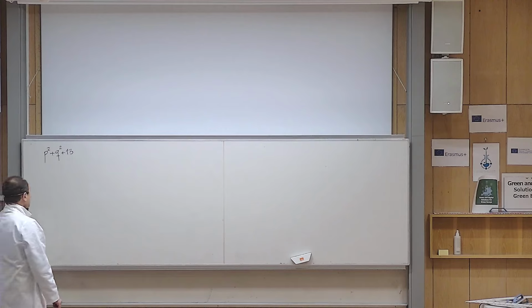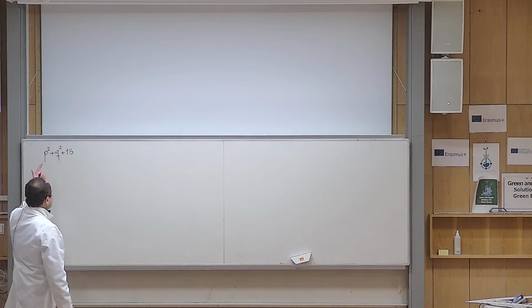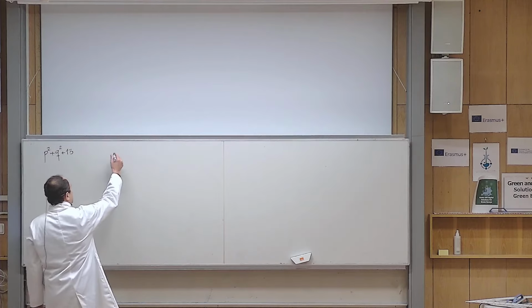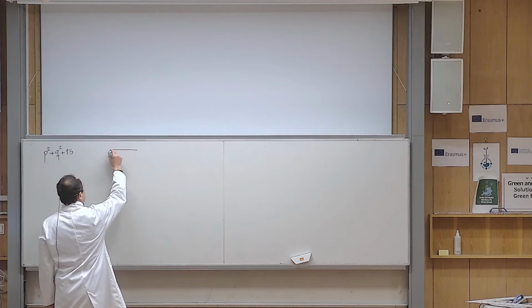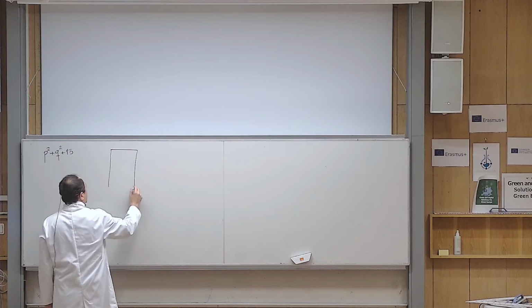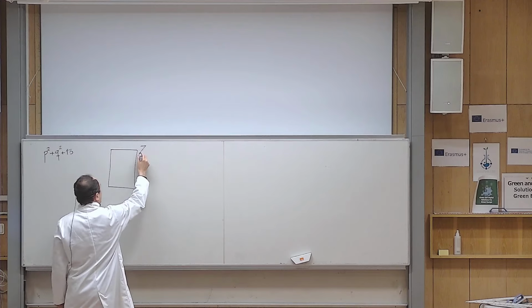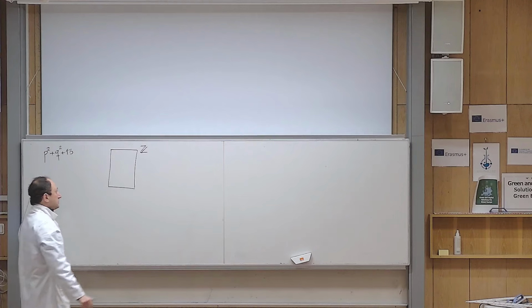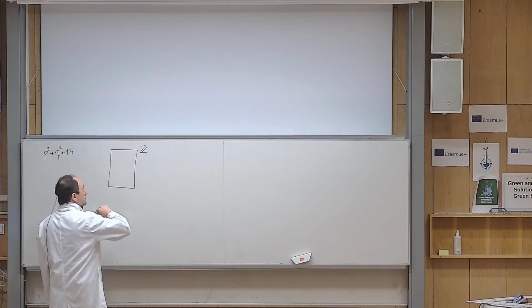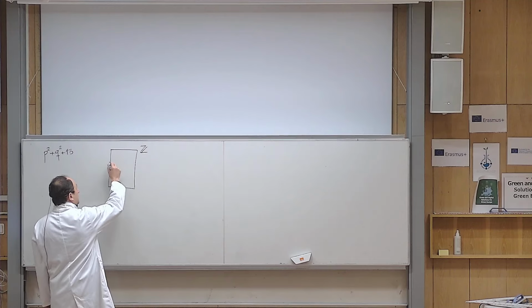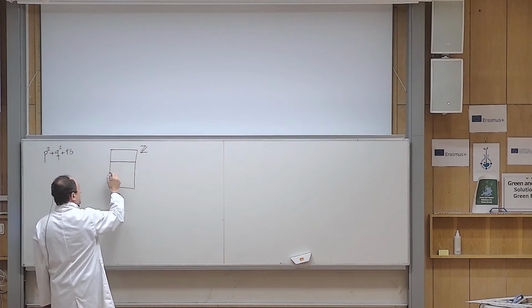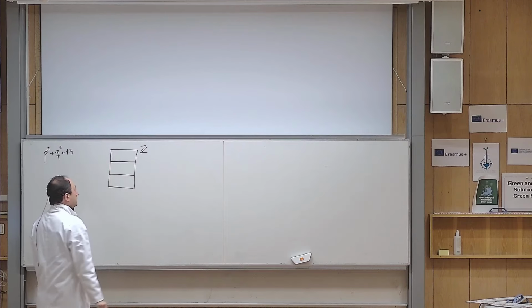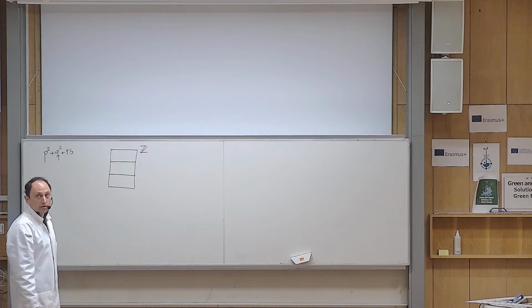Here, something you need to observe is that by division algorithm, let us consider this box to be the set of all integers. Then by division algorithm and choosing the number 3, this set can be partitioned into 3 distinct parts.